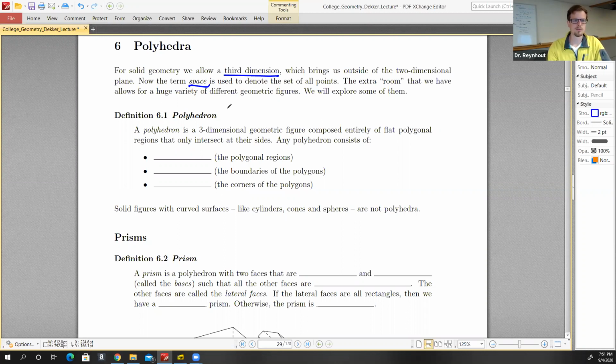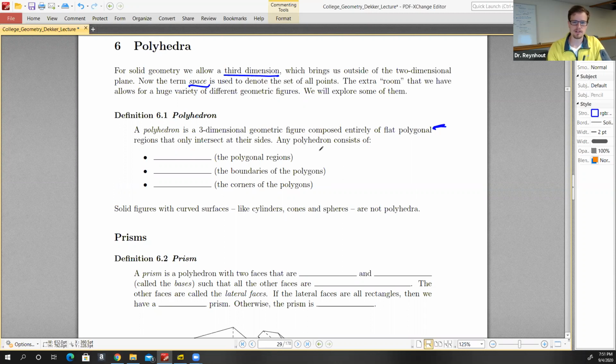All right, so polyhedron. What is a polyhedron? Well, it's a three-dimensional geometric figure composed entirely of flat, polygonal regions that only intersect at their sides. I'm not actually entirely sure which is the preferred pronunciation there. I've heard it both ways.